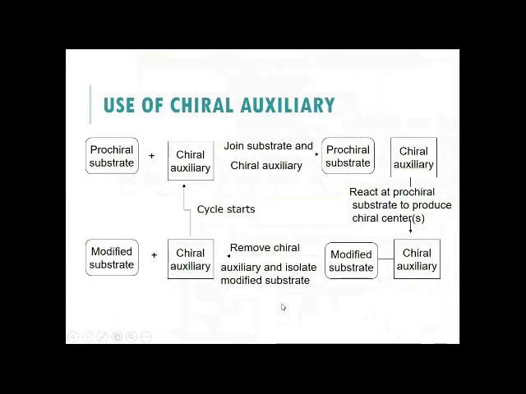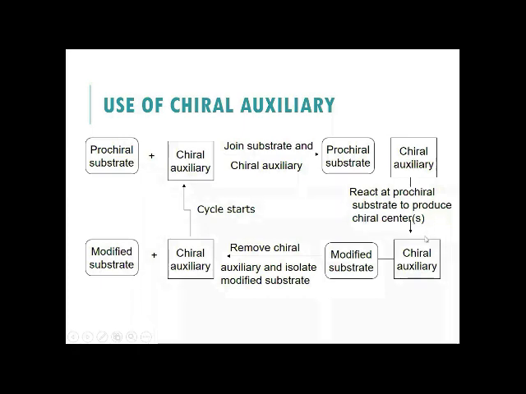Now, how does a chiral auxiliary act? Your substrate is prochiral, that means achiral. When we use a chiral auxiliary, both are joined together, the prochiral substrate and the chiral auxiliary. Then the chiral auxiliary reacts at the prochiral substrate to produce the chiral center.